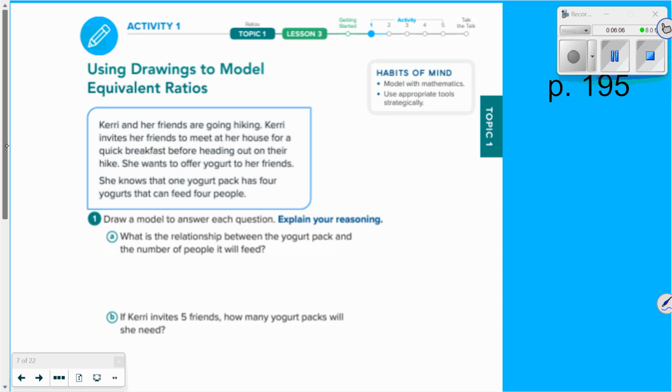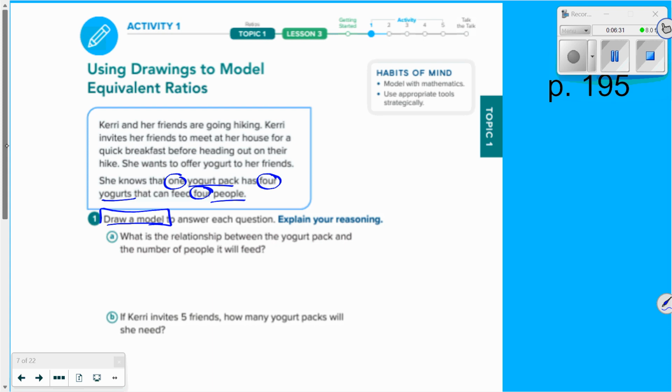Let's go to our next page, 195, now. Harry and her friends are going hiking. She invites her friends to meet at her house for a quick breakfast before heading out. She wants to offer yogurt. She knows that one yogurt pack has 4 yogurts that can feed 4 people. So we just gave you some examples on some models. Here are your directions.